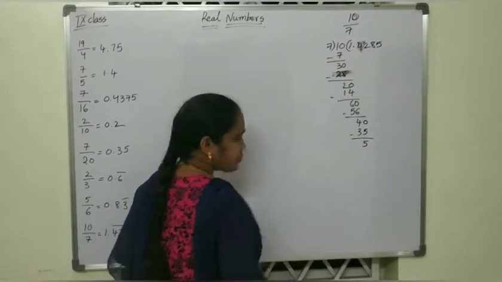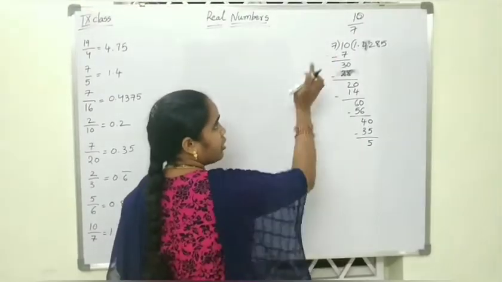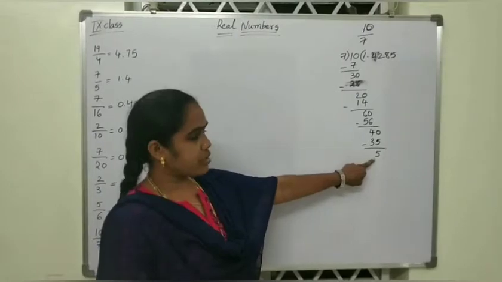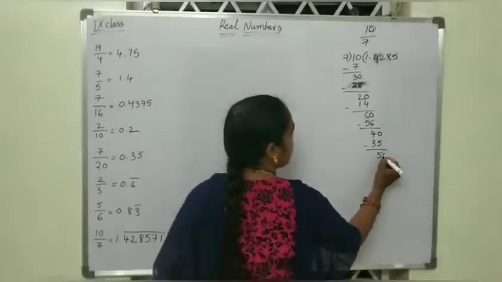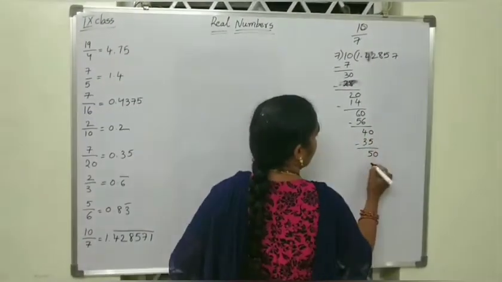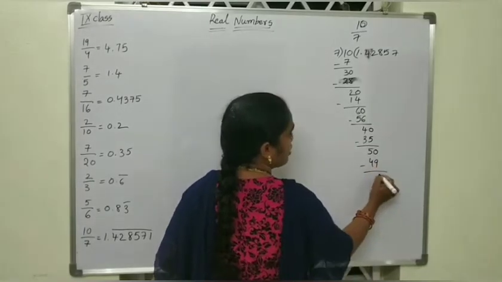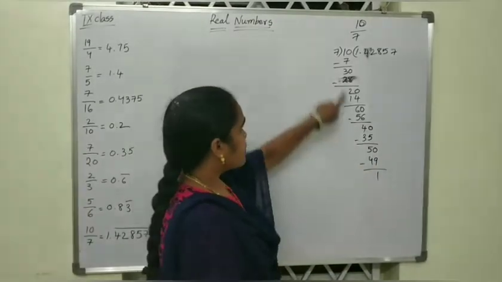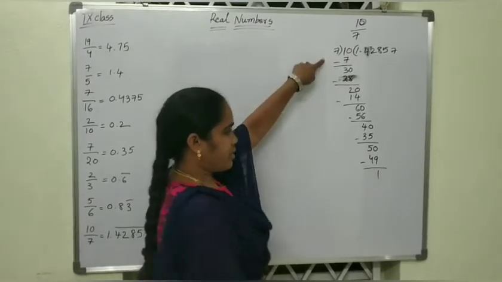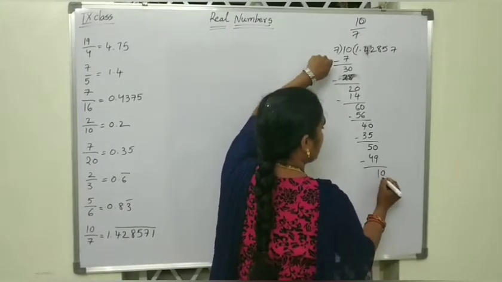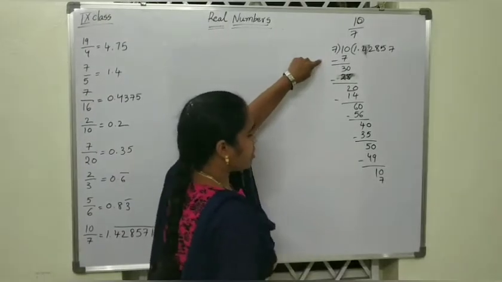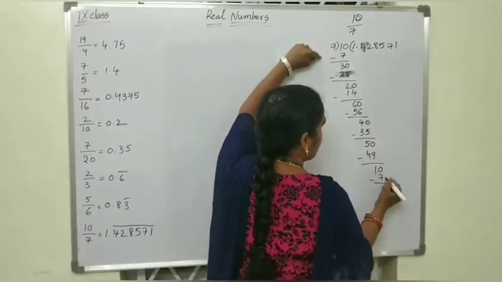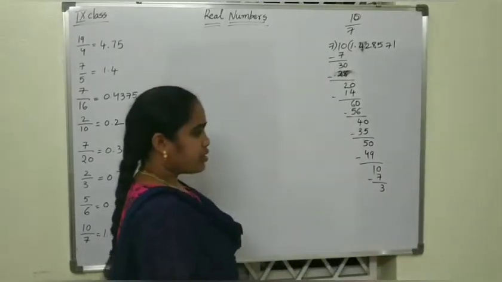Next, 5. We won't get it in the 7 table, so again you keep 0. 50. 7 7s are 49, minus. So the remainder is 1. 1 is less than 7, so again keep 0. 10. 1 7 is 7, so the remainder is 3.